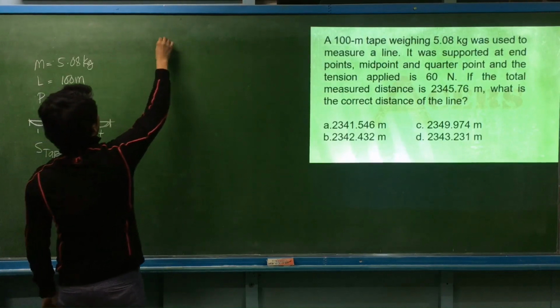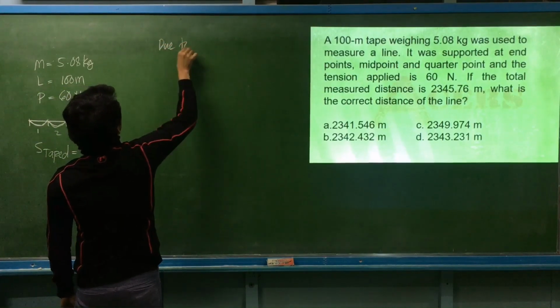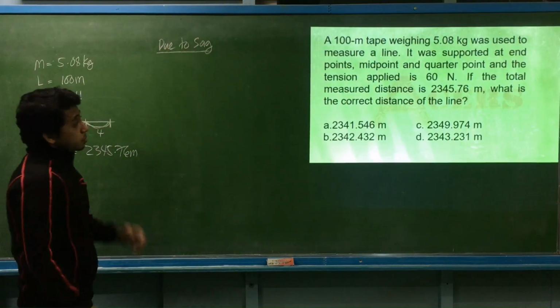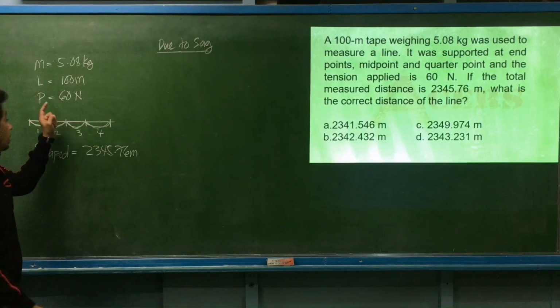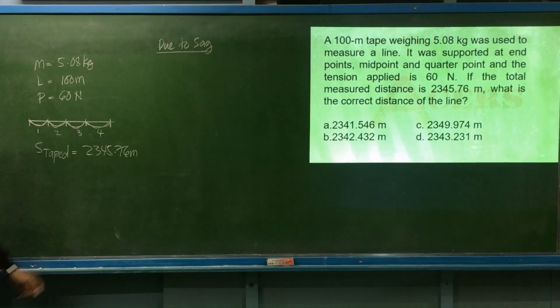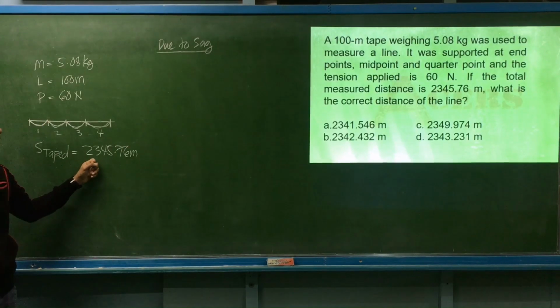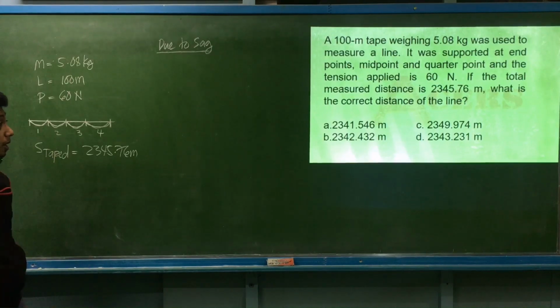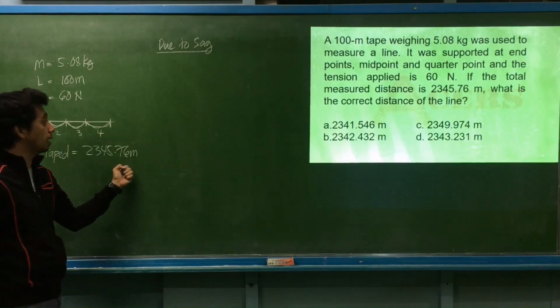So basically, this is error due to sag. Okay? And the tension applied is 60 newtons. If the total measured distance equal to 2,345.76 meters, what is the correct distance of the line?